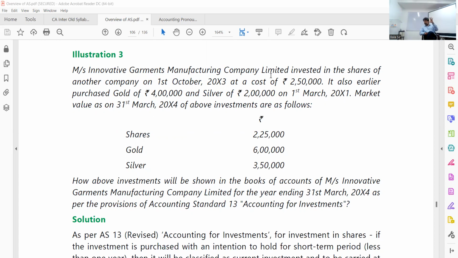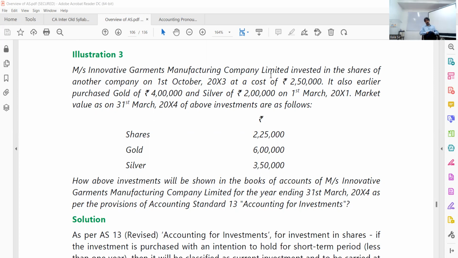Remember, you are the investor and you bought shares in another entity. No company name is given. You bought them for rupees 2,50,000 on 1st October 20x3.